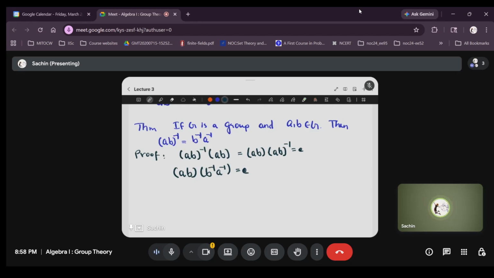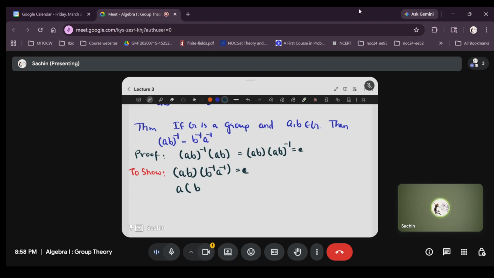So now, AB times B inverse A inverse, you can change the brackets because of the associative property. So this is what I have to show. If I show this, then that means (AB) inverse is equal to B inverse A inverse.